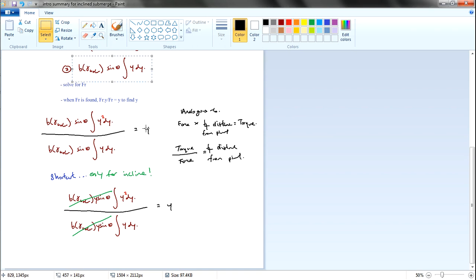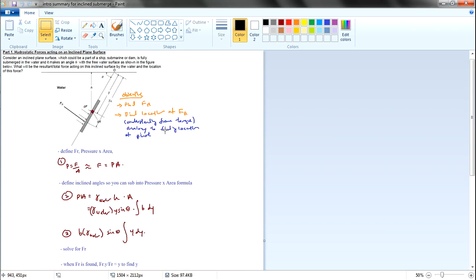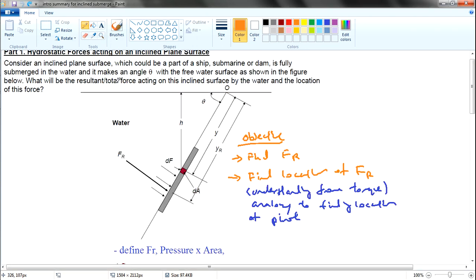And then the first step is to find the perpendicular distance from a datum point. So this is the force, the resultant force, and this is the perpendicular distance d.